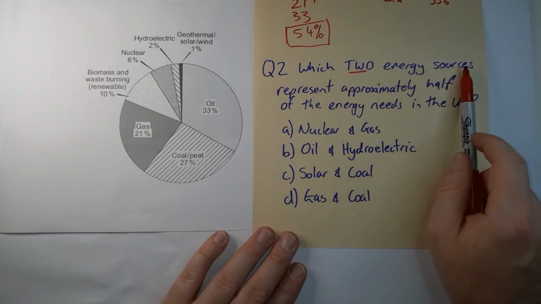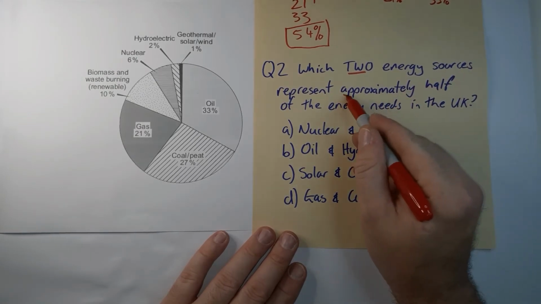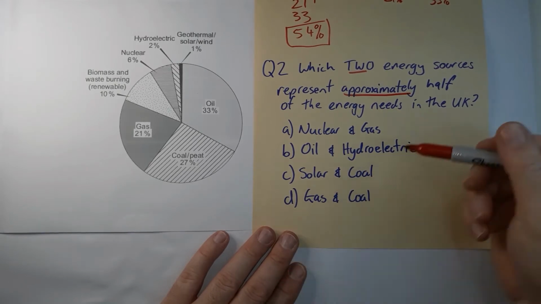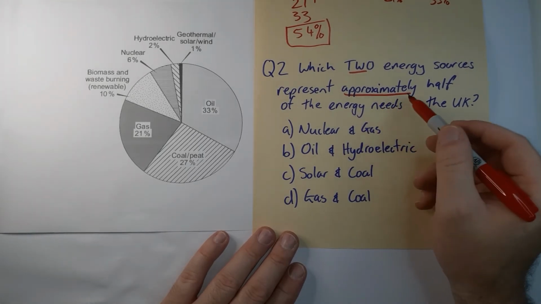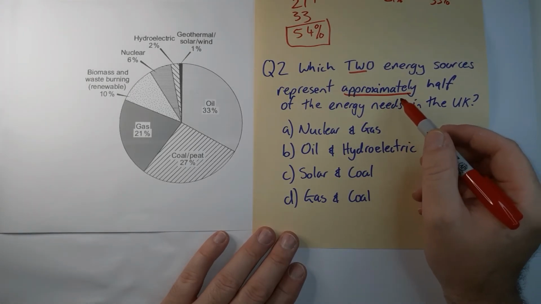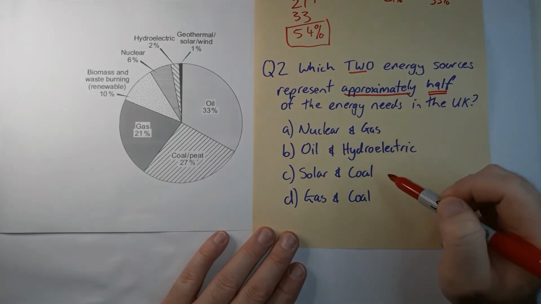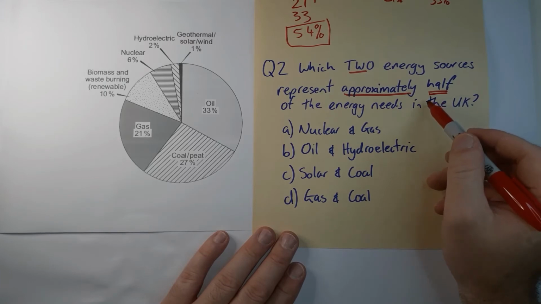So which 2 energy sources represent approximately half? Approximately means we don't have to be 100% exact. We're just looking for the best response, the most correct response, because this is a multiple choice question. It might not be exactly half, but it's approximately half.